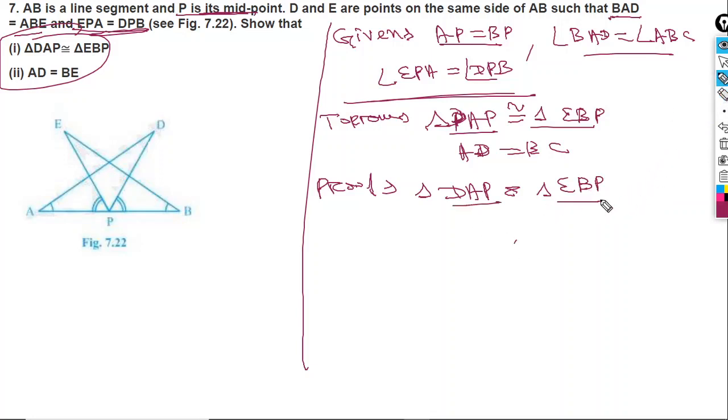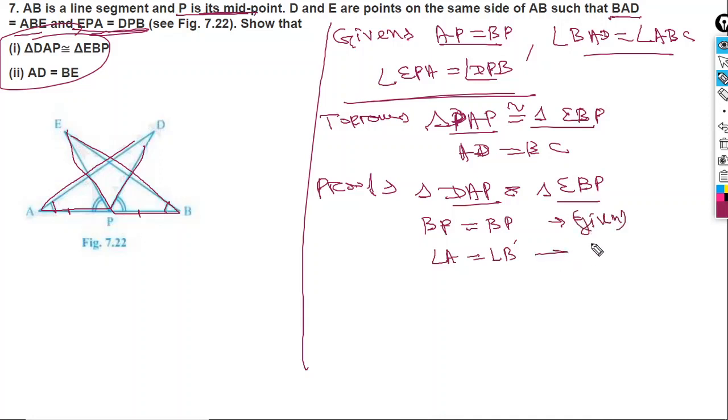DAP, this triangle, EBP, this triangle. Now what are equal? We need at least two sides and one angle, or two angles and one side. It is given that AP equals BP. We can directly write AP equals BP. One side is equal, and angle A is equal to angle B also. That you also write, angle A equals angle B. This is also given to us.